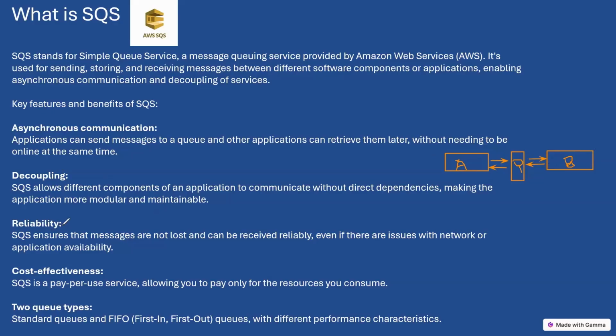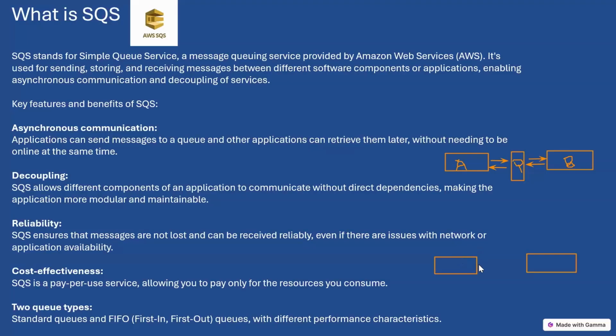Reliability. Guys, when systems depend on each other, let's say in the earlier example I gave, if I talk about this example, A calling B, and let's say B exposes some API.